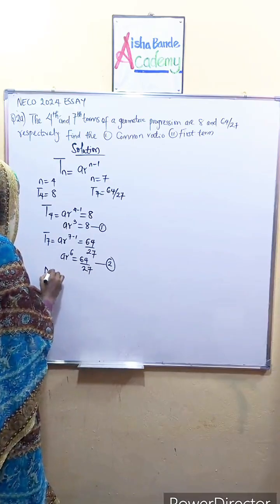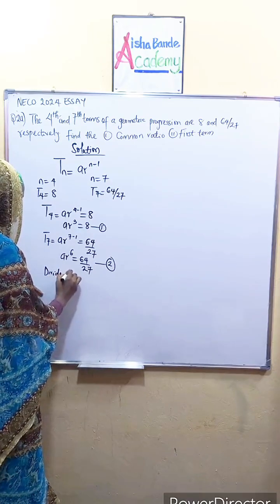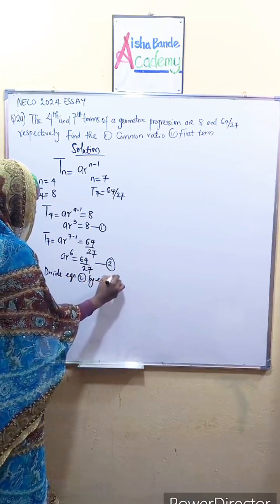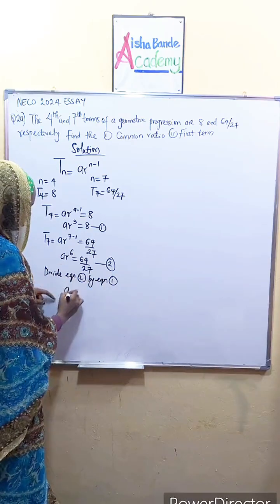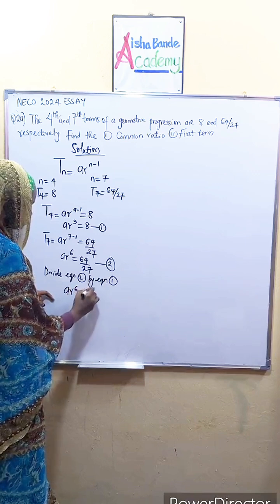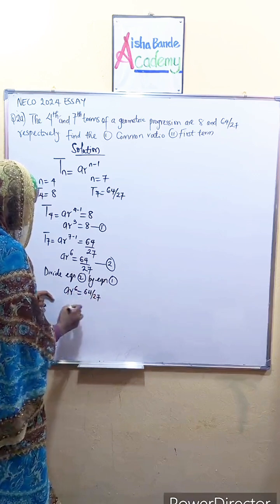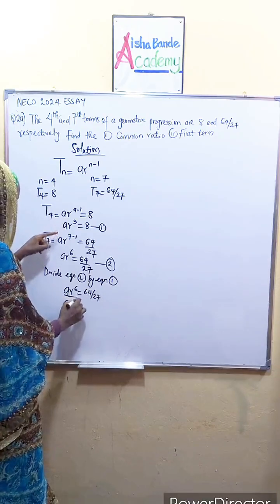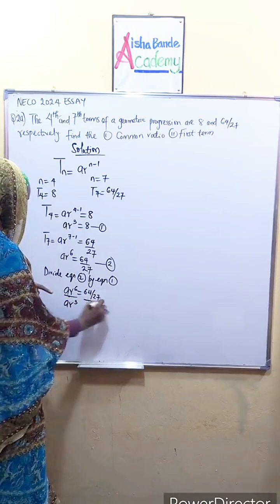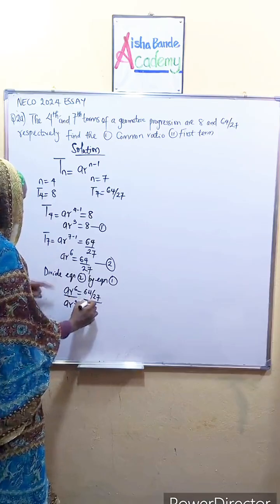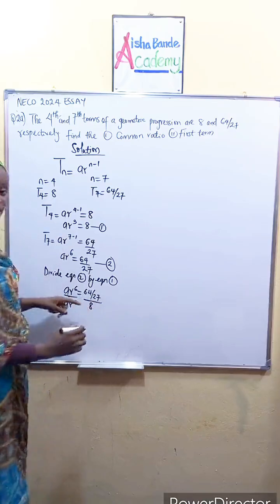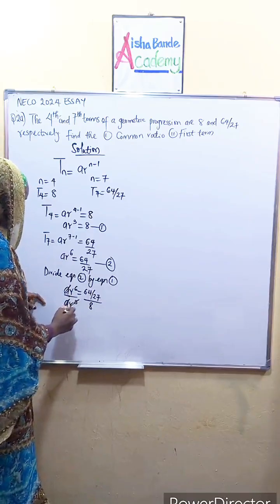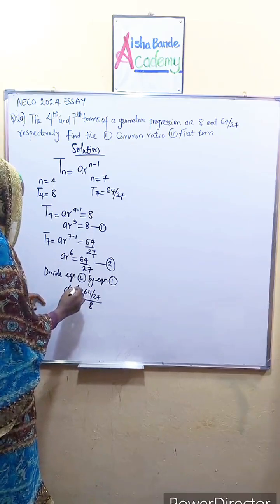So this becomes equation 2, which is ar raised to the power of 6 equals 64 over 27, divided by equation 1, which is ar raised to the power of 3, which is equal to 8. So looking at this, we cancel a, and we cancel r to the power of 3, so we are going to be left with r to the power of 3 equals 64 over 27 all over 8.